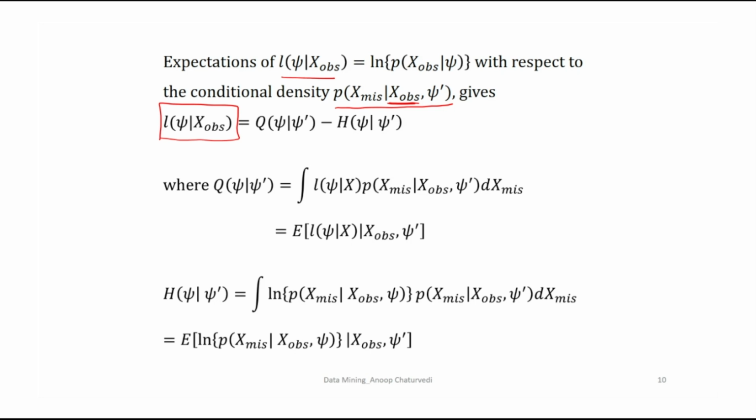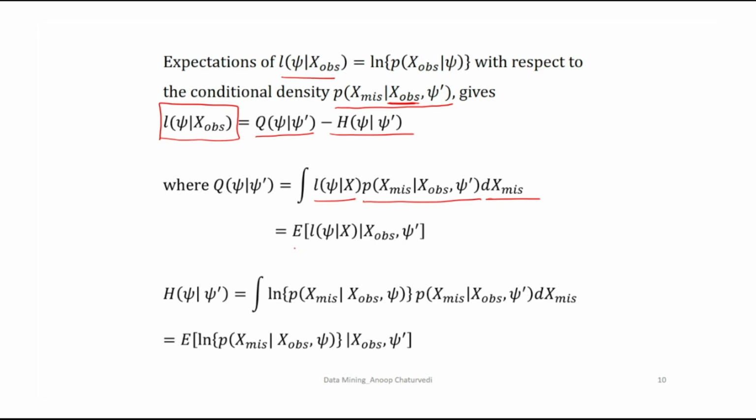On the left hand side we get L of psi given x observed, and on the right hand side we get Q of psi given psi dash minus H of psi given psi dash, where Q of psi given psi dash is equal to the integral of L of psi given x, multiplied by the conditional density of x missing given x observed and psi dash, integrated with respect to x missing.